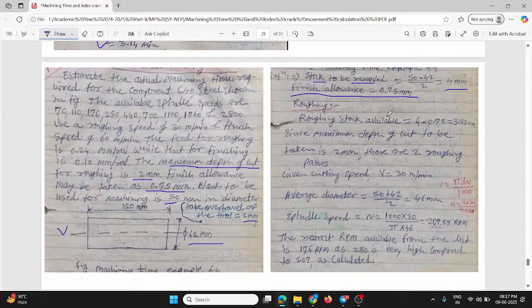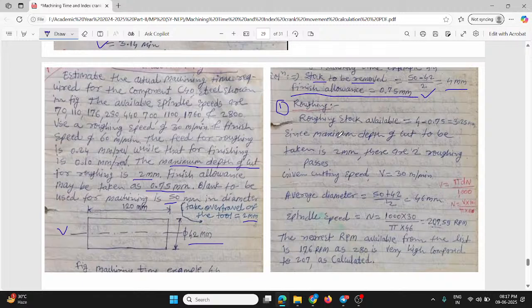So two cuts are going to be there, the roughing cut and the finishing cut. First of all we will calculate the machining time required for the roughing cut.